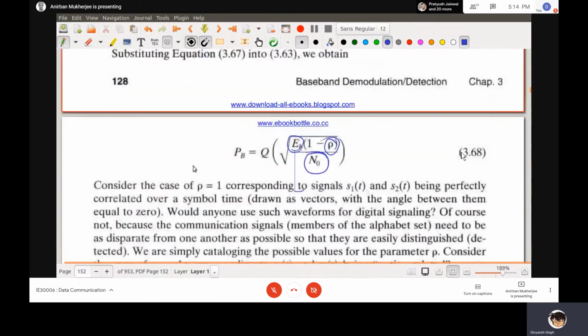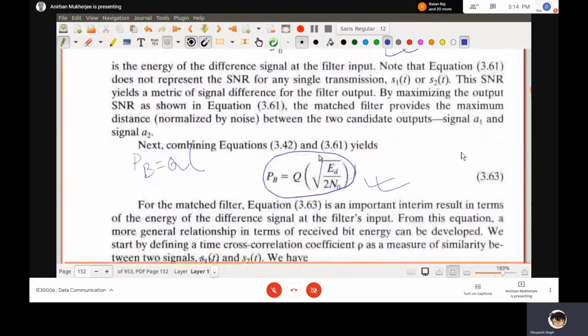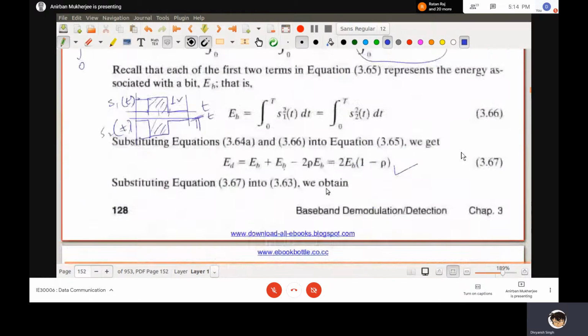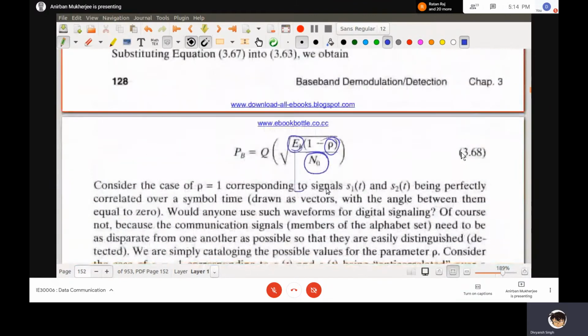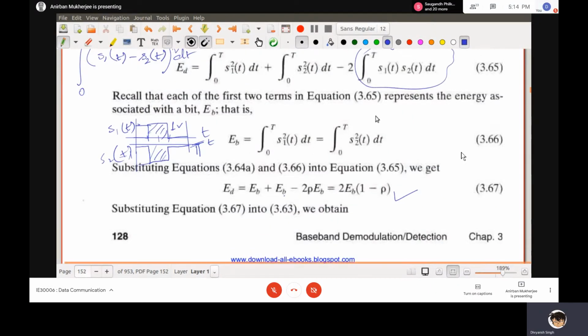Now what about this probability of bit error? Probability of bit error in terms of this difference energy, I am just breaking it into the individual symbol energy. That means EB, please remember, for logical 0 you are sending a pulse, and that pulse energy is, though they say it is a bit energy, please remember this term, the energy associated with a bit, it is not the bit.